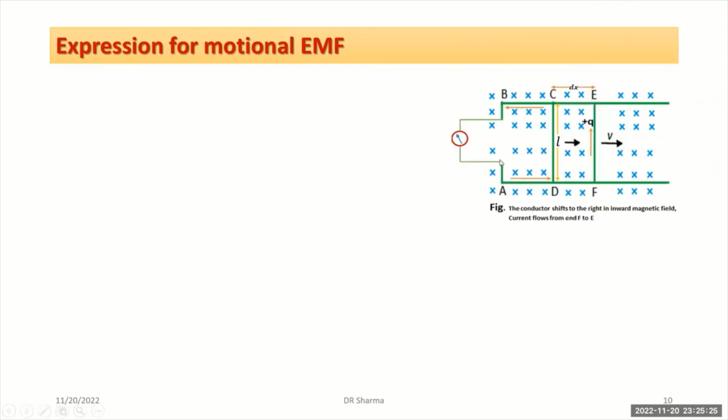Now let's derive an expression for motional EMF. Let's consider a rectangular rail of wire over which a straight conductor of length L slides to the right, and that rectangular coil is placed in a uniform, inward magnetic field of strength B. As the conductor shifts to the right, the free electrons in it experience downward Lorentz force.